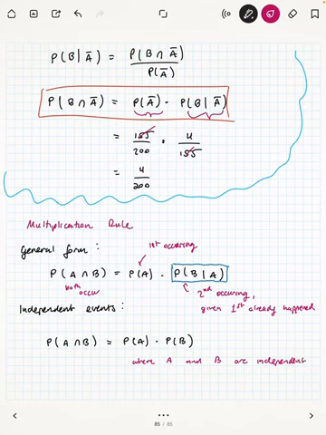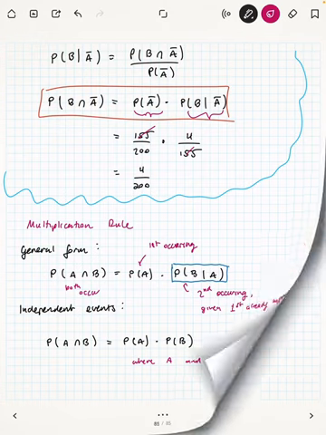So this happens quite frequently, and we'll show an example right now of this happening. So we'll talk about the independent event version first.